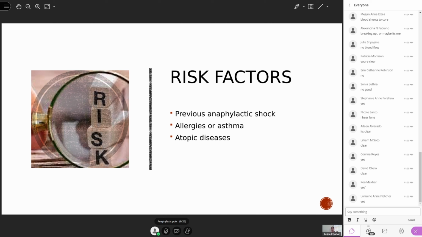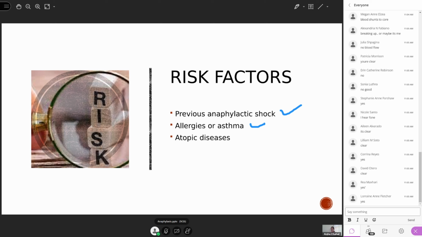So basically, if we don't treat anaphylaxis, it will move to anaphylactic shock. That's the only difference between these two. Risk factors, again, not many, but if you have had a previous anaphylactic shock, obviously you are at more risk. If you have seasonal allergies, or asthma, which is again an allergic reaction, then you are at more risk.